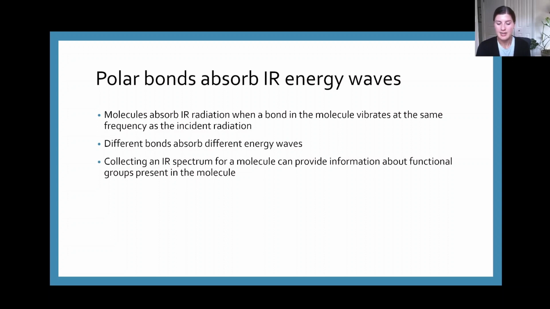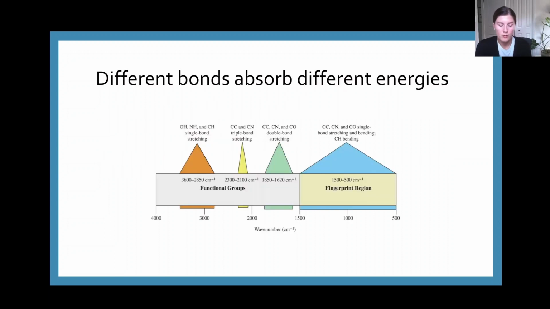If you collect an IR spectrum for a molecule, that can tell you information about what types of bonds are present in the molecule. And so here's one representation of how different bonds will absorb different energies. You can see the longer wave numbers, the higher wave numbers are absorbed by OH, NH, and CH bond stretching.